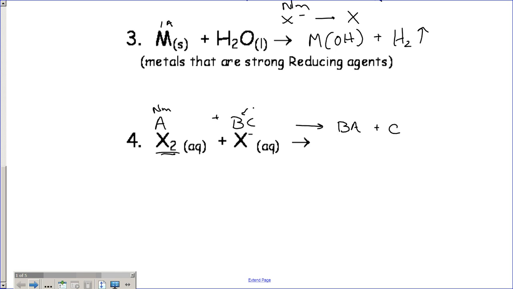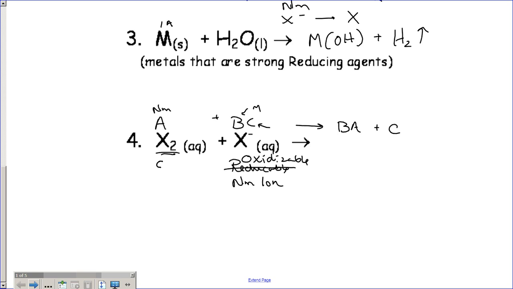B would be a metal, C would be an oxidizable non-metallic ion. So we should write that as an oxidizable non-metal ion.